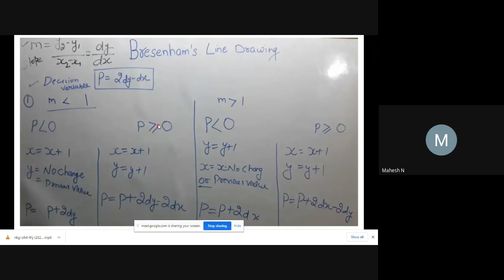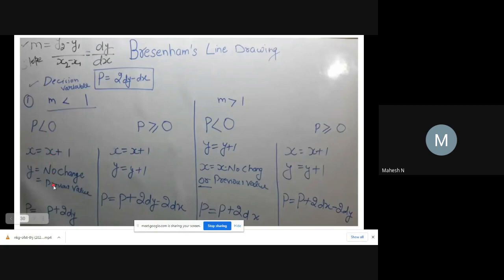Greater than 0, you will increment both, and for the next vertex the decision equation will be this: p is equal to p plus 2 dy minus 2dx. Okay, right? So then again you will follow the same thing. If this p turns out to be negative, you will come here. You will increment x, you will not do any change with respect to y.